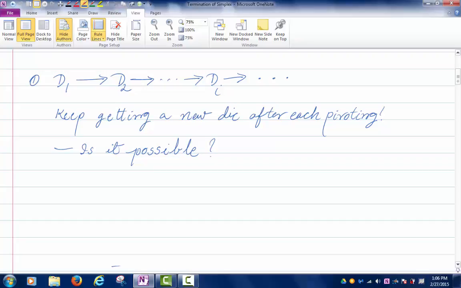So you have infinitely many dictionaries if it does not terminate. What I'm saying is that if the simplex does not terminate, one possibility is that as you apply the pivoting operations, you keep getting a new dictionary. My question is, is that possible?